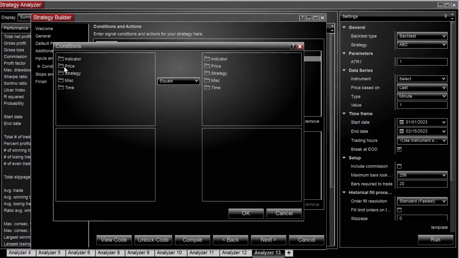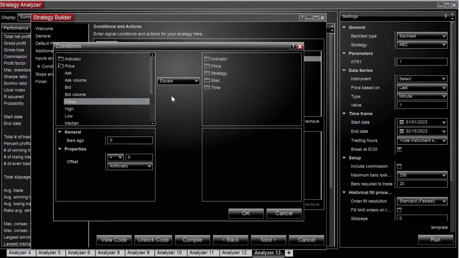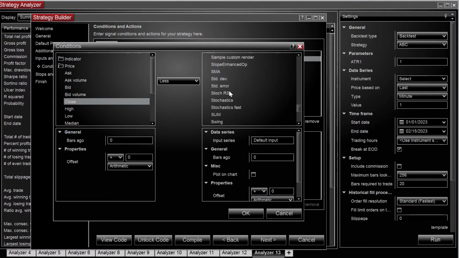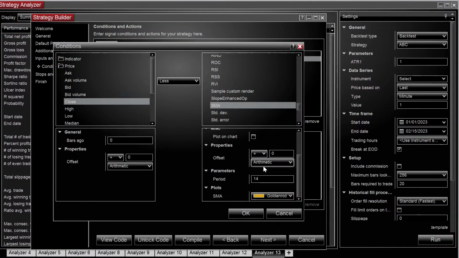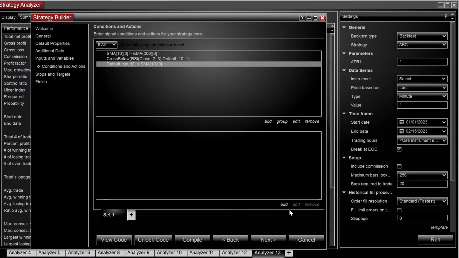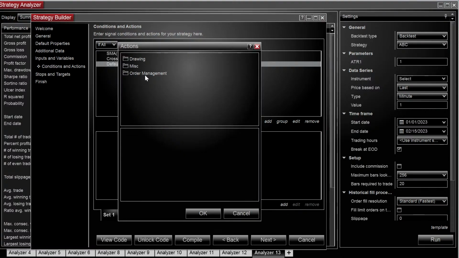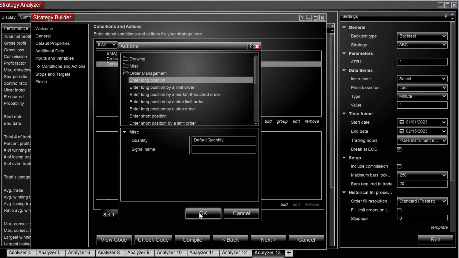And we also need to make sure that the price close is less than the 10-period SMA. That's our three conditions. When that occurs, I'm going to enter long.